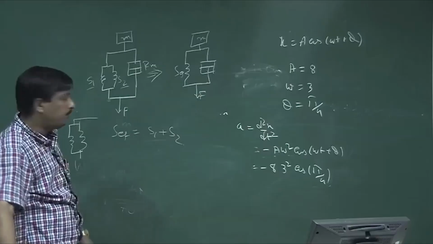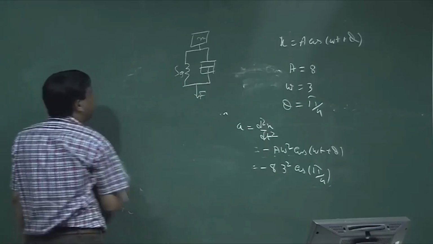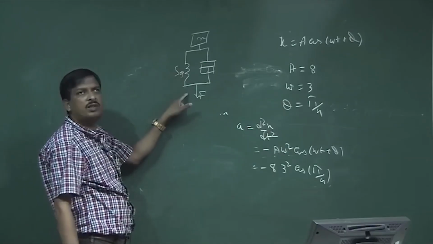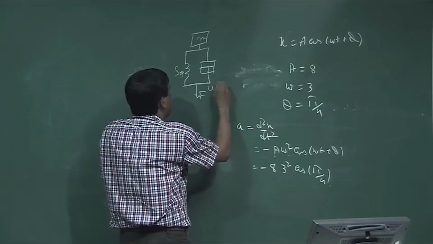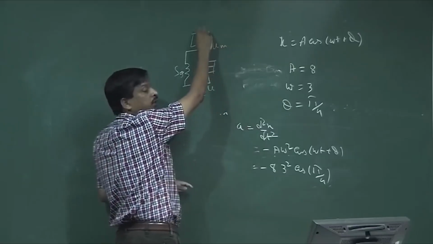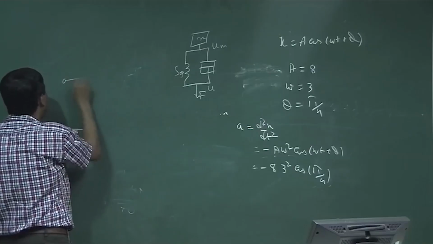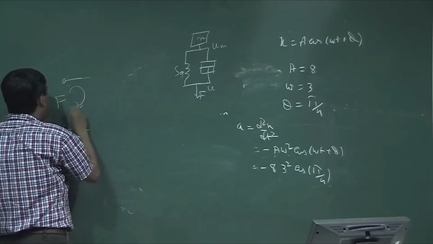Okay. Now, if this is the mechanical circuit, what is the equivalent electrical circuit? I can easily draw it now. I can draw that the volume velocity that exists in here is u, since it is not grounded. So, I can say a force is applied here and it produces a u.